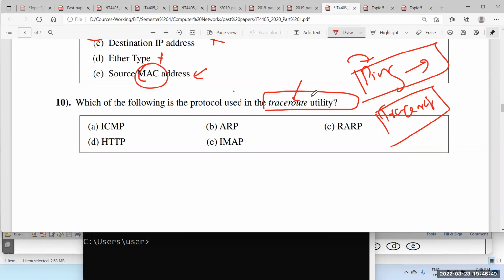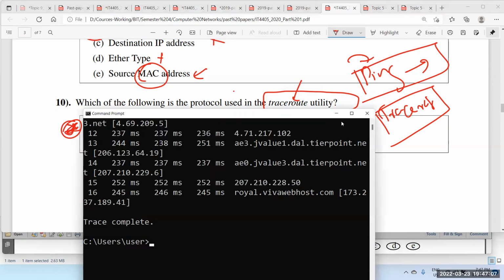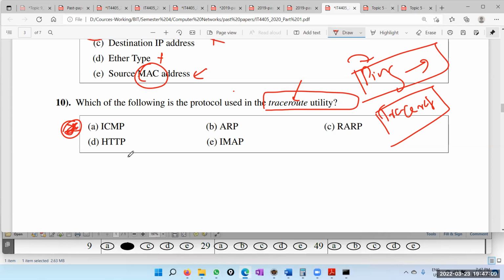Definitely it is not HTTP or SMTP or something like that. Pay special attention to this one, because it is highly likely this question will be repeated. The answer is the ICMP protocol.